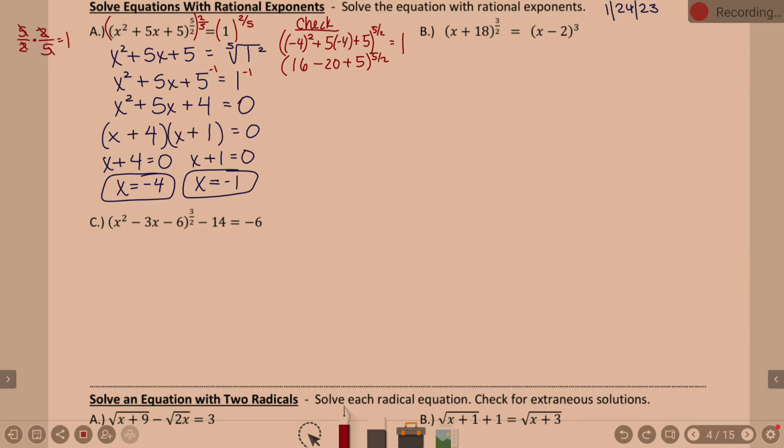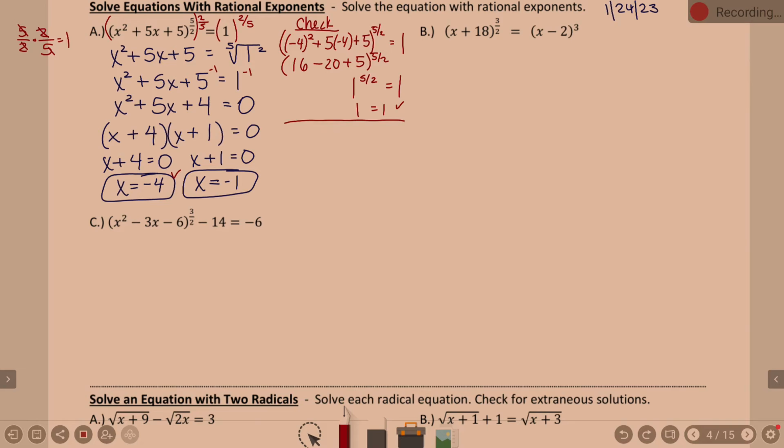So 16 minus 20 is -4. -4 plus 5 is 1. What is 1 to the 5 halves going to be? 1. 1 to any power is 1. Does 1 equal 1? Yes. So, does -4 work? Yes. It does.